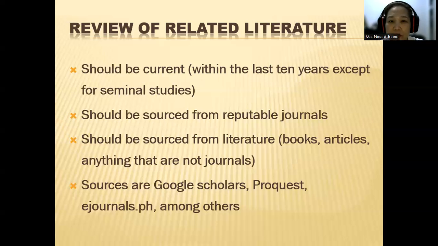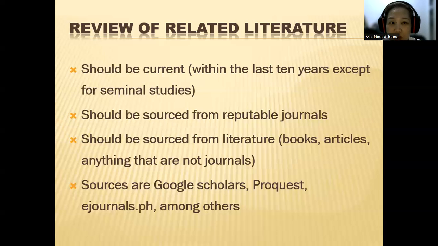It should be sourced from reputable journals. Go to Google Scholar, and then from there, type in your keywords to search for a particular study that you want. You have to go for reputable journals, not just dictionary, not just newspaper, not just magazine, but journals. So how do you do that?